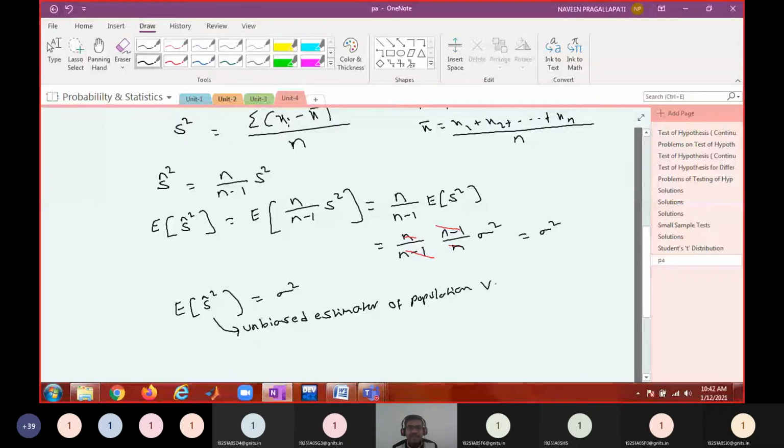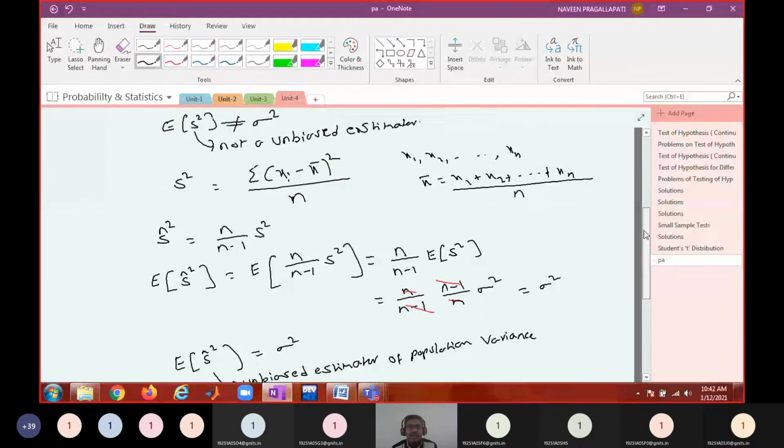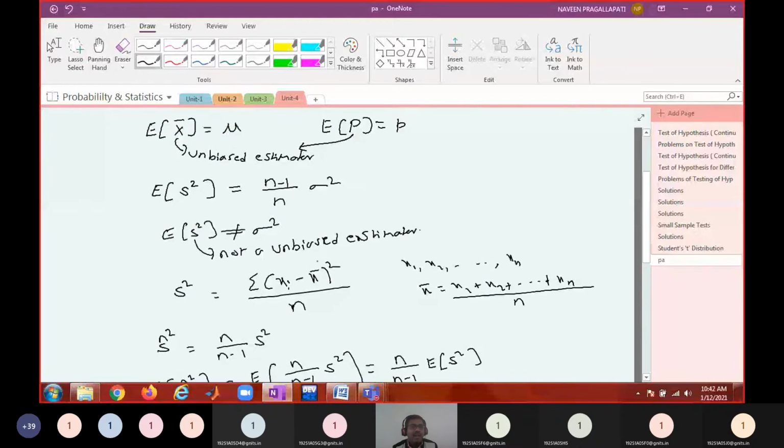For large values of n, this is almost equal to sigma square. The problem comes when n is small. For small sampling, this won't work. That's why.